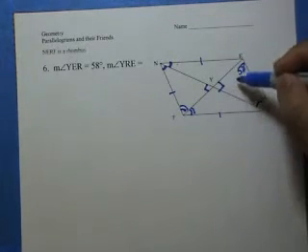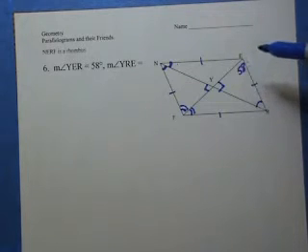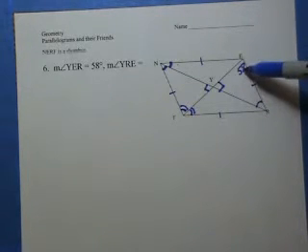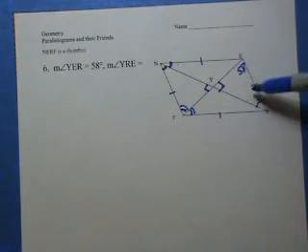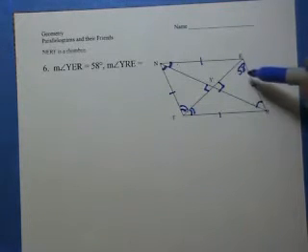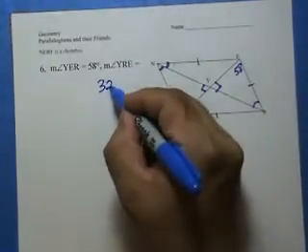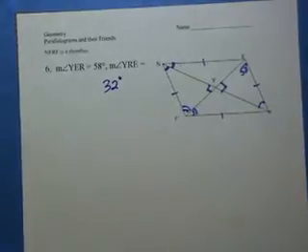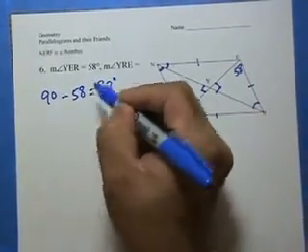To find the third one, you simply subtract from 180. Or, if you remember, the acute angles of a right triangle are complementary, so these 2 add up to 90. Let's use that. So 90 minus 58 is 32.